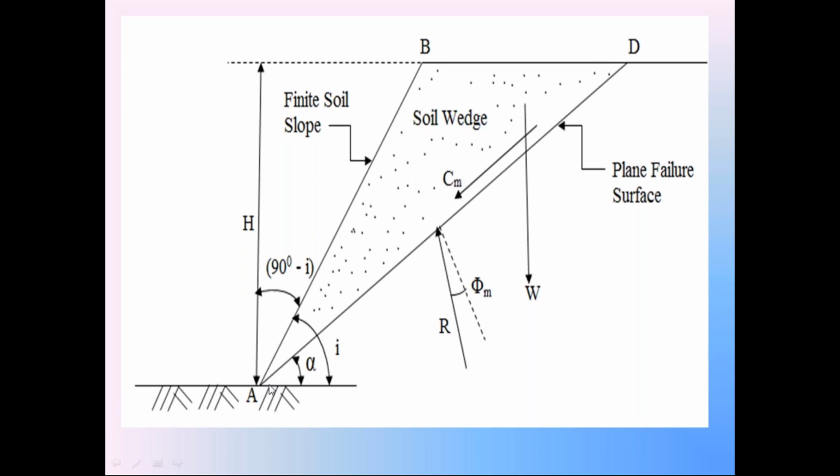Check at point A. In the triangle ABD, at corner A, between the lines AB and AD, this angle is I minus alpha.